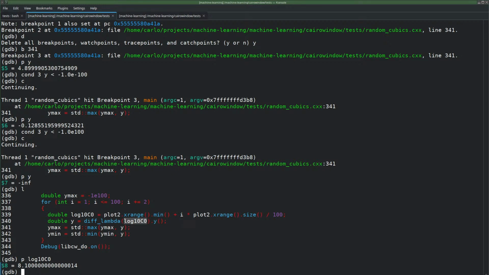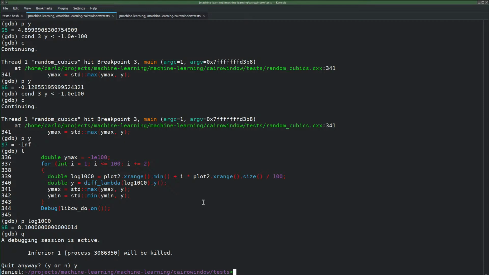I suppose that for a C0 of 10 to the power 8, that is already so large that my guess is more or less considered to be exact. Okay, so what to do in that case?